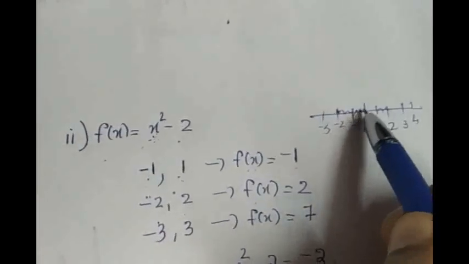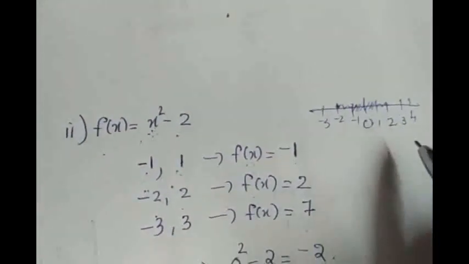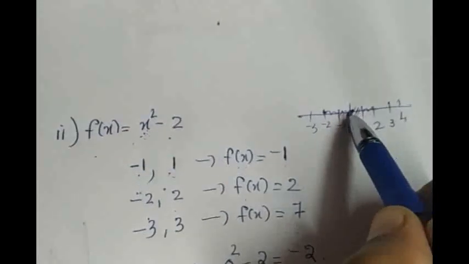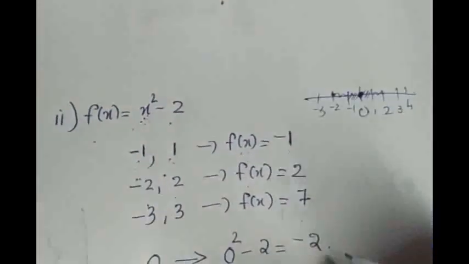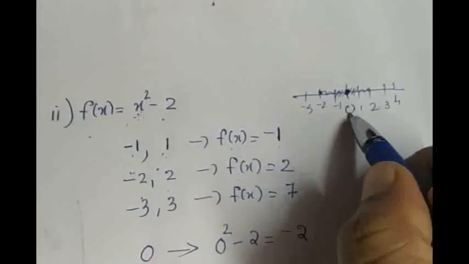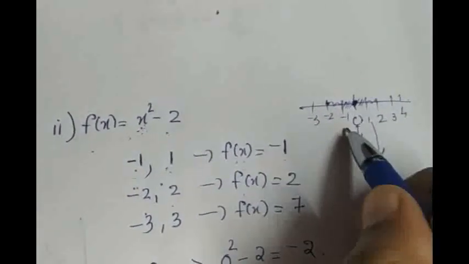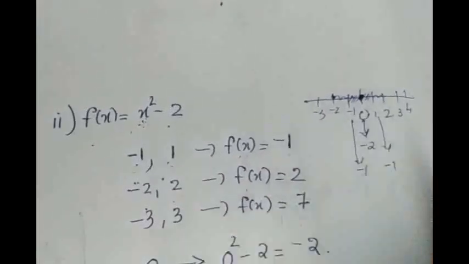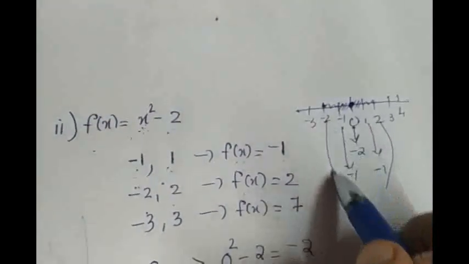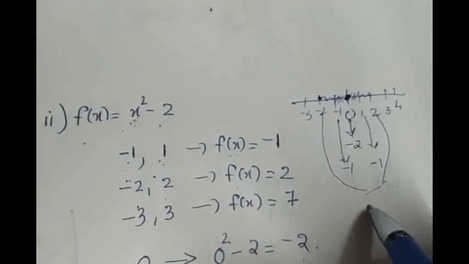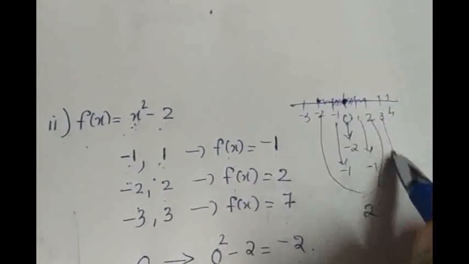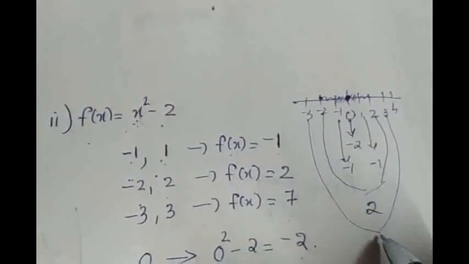The exception is only for 0, where the value of f of 0 is minus 2. For 1 we get minus 1. For minus 1 we get minus 1. For 2 and minus 2 we get the f of x value as 2. And for 3 and minus 3 we get the f of x value as 7.